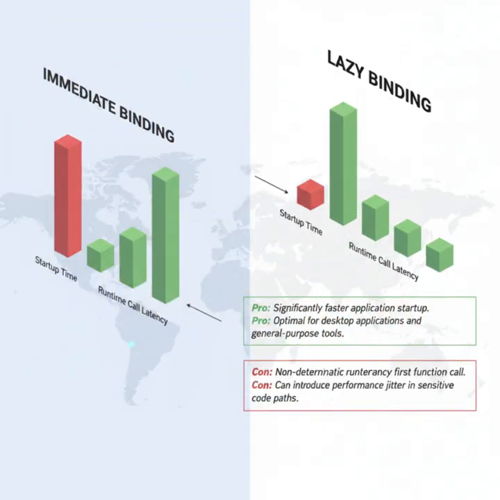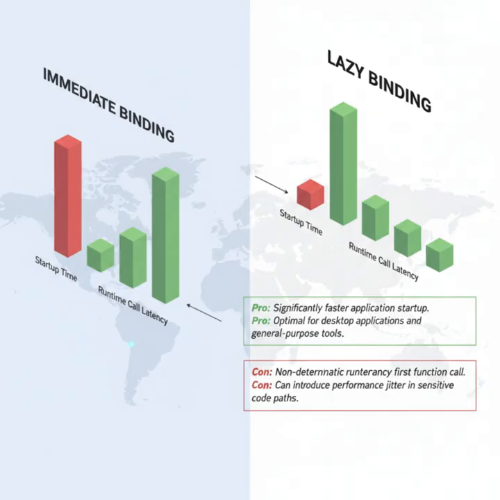The performance profile of lazy binding is essentially the inverse of immediate binding. Its primary advantage is rapid application startup. The initial workload is minimized, allowing the application to become interactive much more quickly. This is highly desirable for desktop applications, command line tools, and services where initial responsiveness is key.